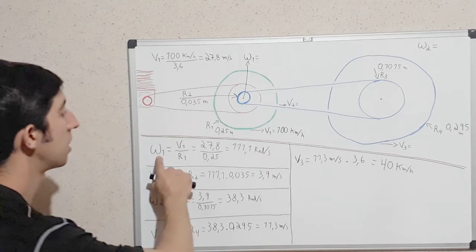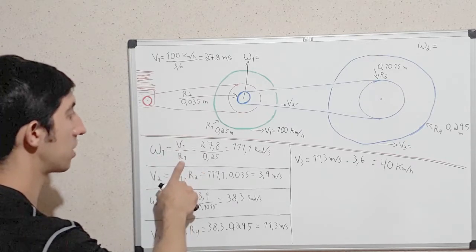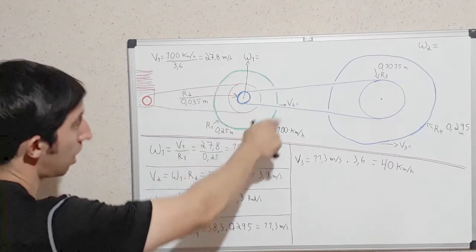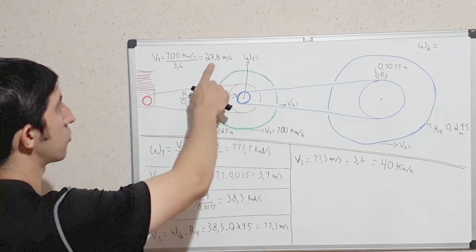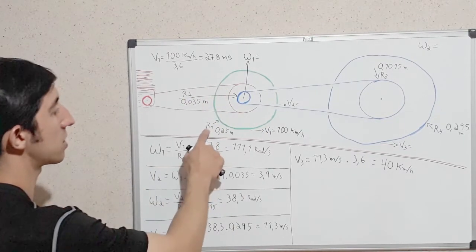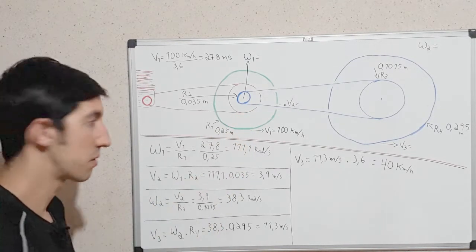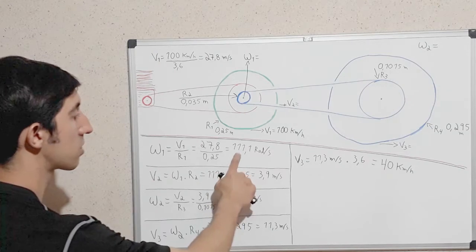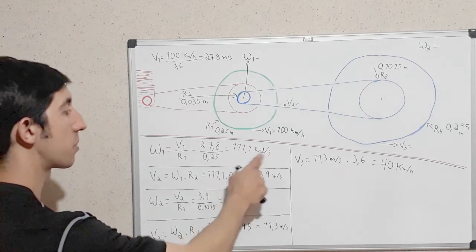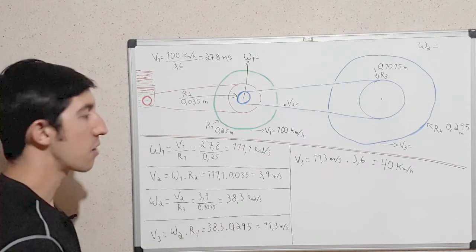Omega 1 is V1 divided by R1. So V1, which is the velocity of the tire, is 27.8 divided by R1, which is the radius of the tire, 0.25 meters. And then the result is 111.1 radians per second. It's equivalent to RPM, okay?